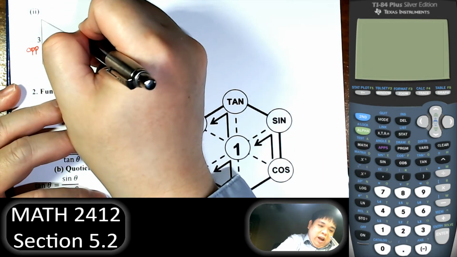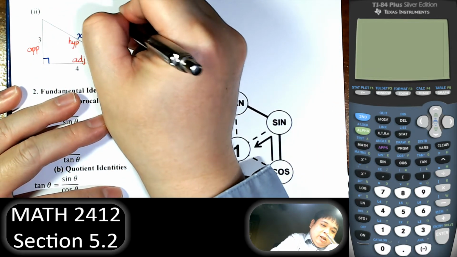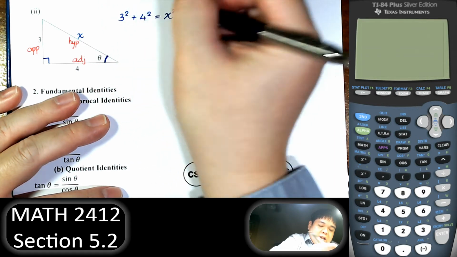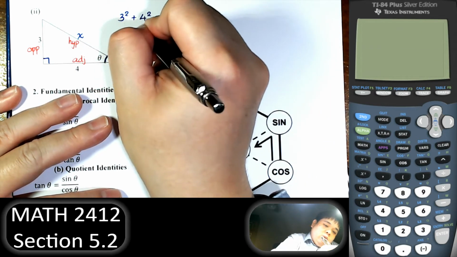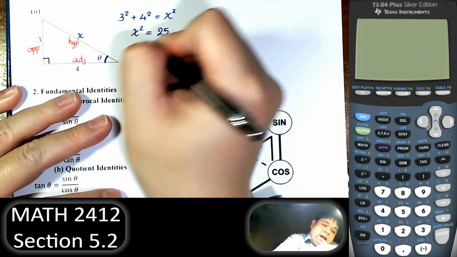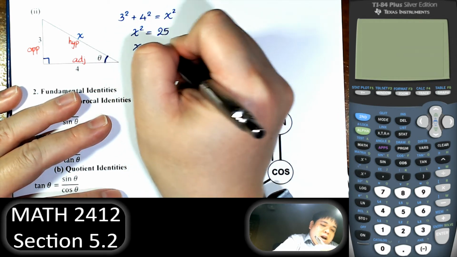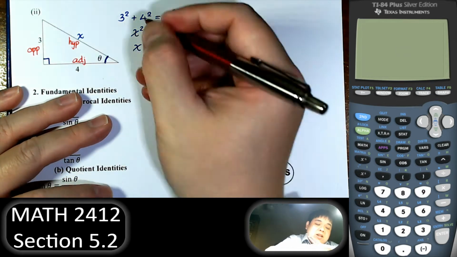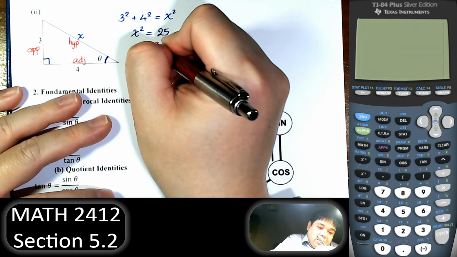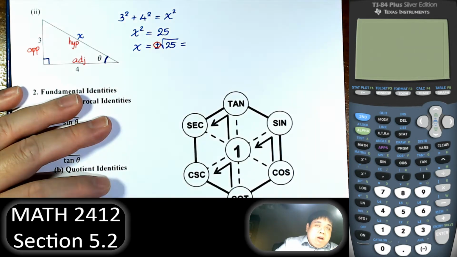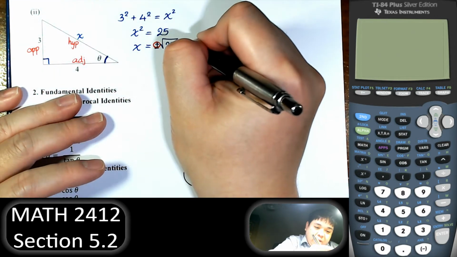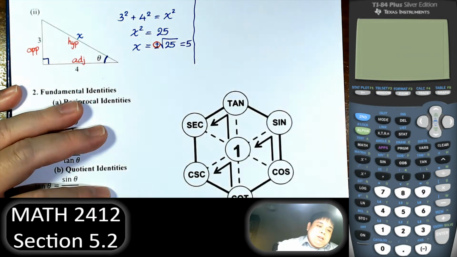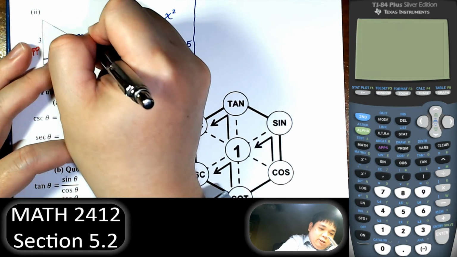But we have the Pythagorean theorem: 3 squared plus 4 squared is equal to x squared. So x squared is 25, which means x is plus or minus the square root of 25. But this is a measurement in a triangle. It cannot have a negative measurement, so it's just going to be 5.